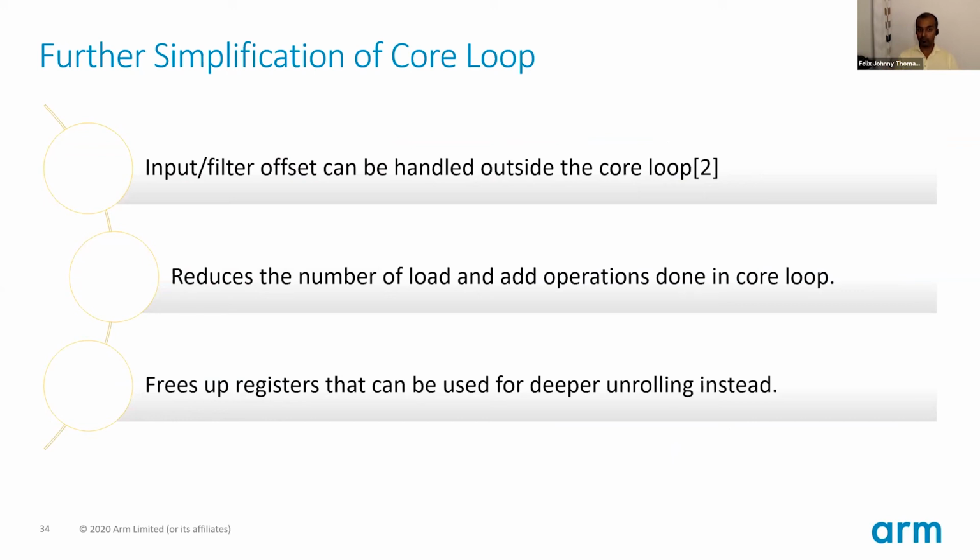What you're trying to do is reduce the number of loads and also free up registers that can be used for deeper unrolling. I've given a reference here with details on how you can move the handling of the offset outside the code loop. And this is something which we do in CMSIS-NN.